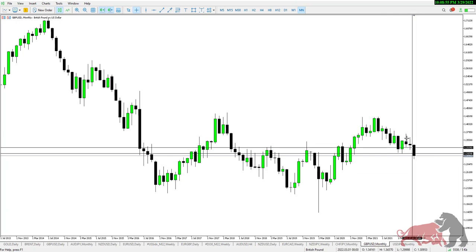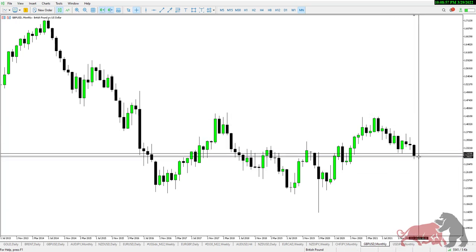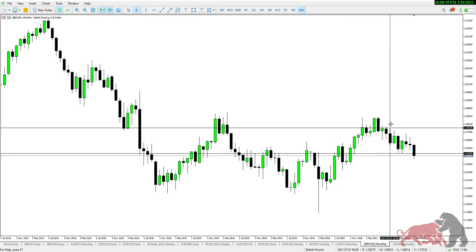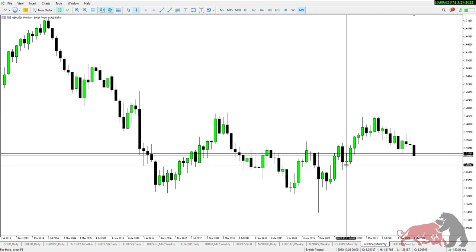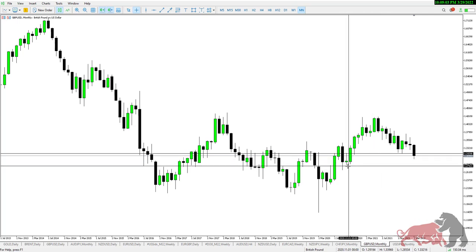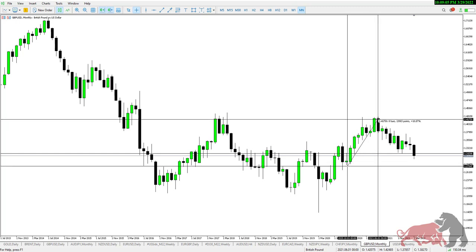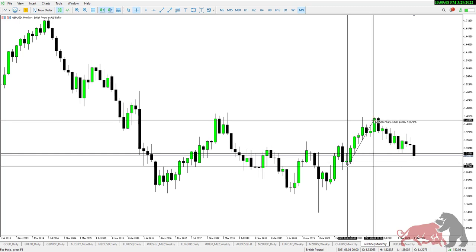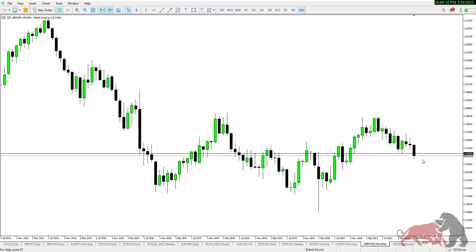That retracement has already erased the gains that pound USD had from October 2020 all the way to May 2021. All those gains have been completely erased. Now, are we still anticipating further weakness in pound?